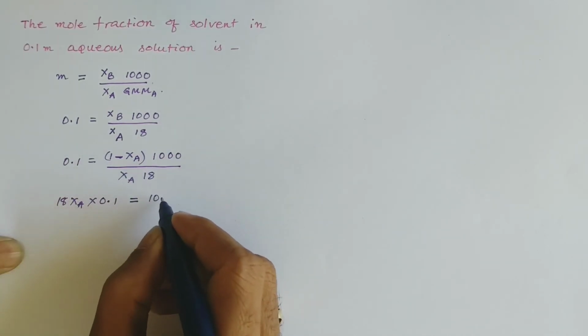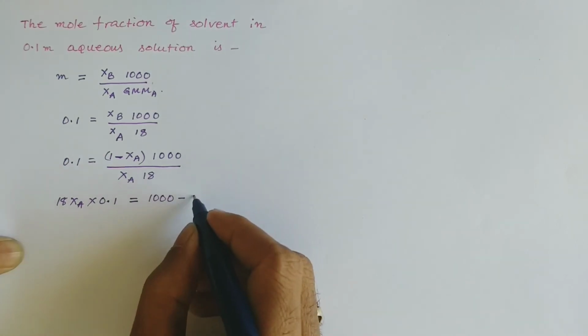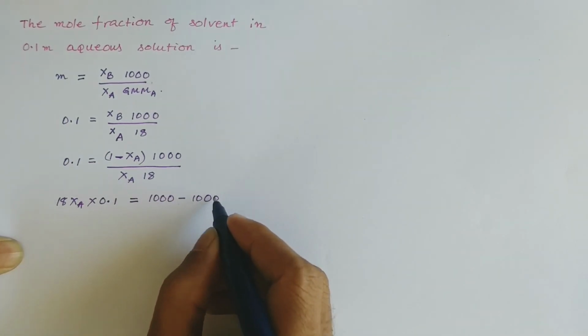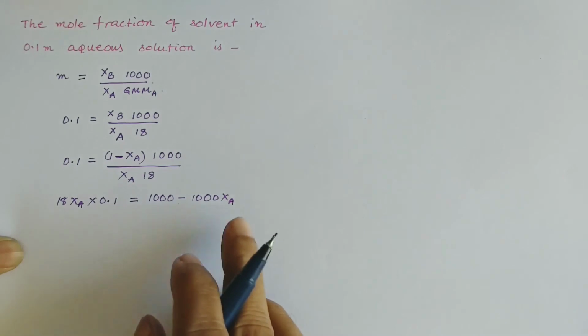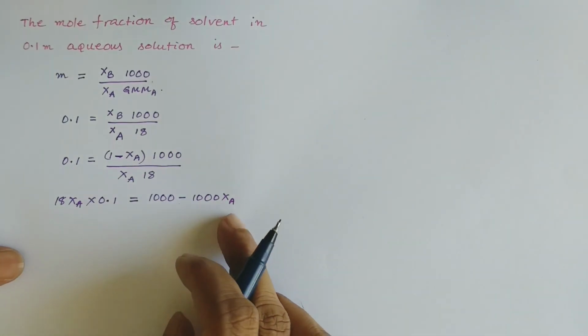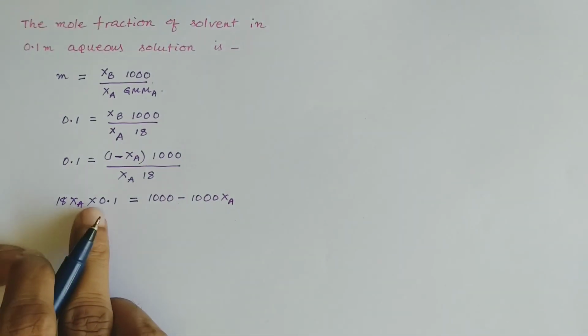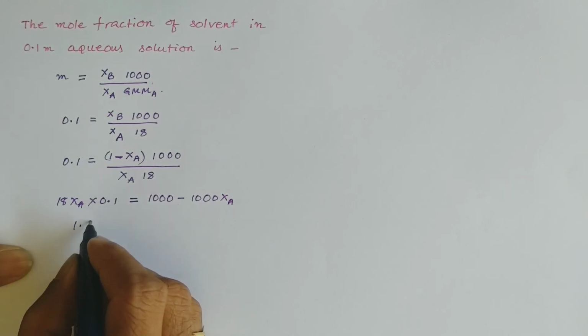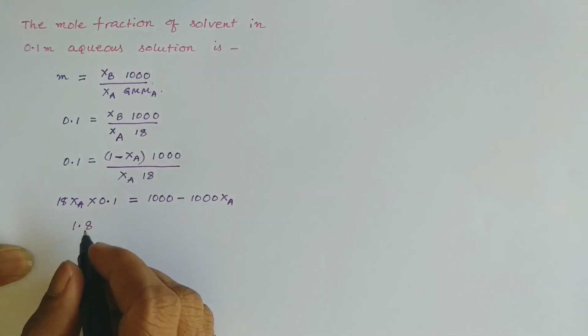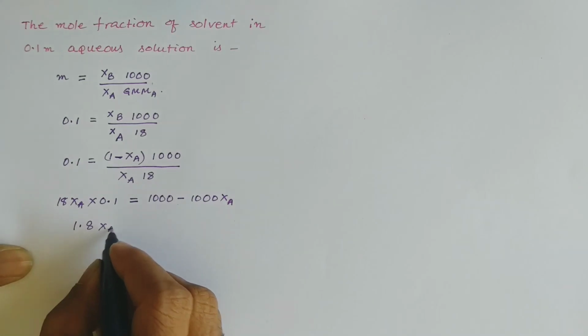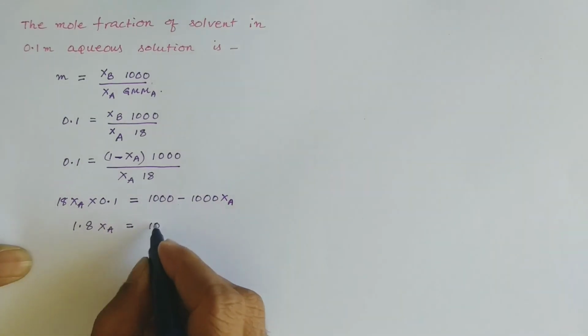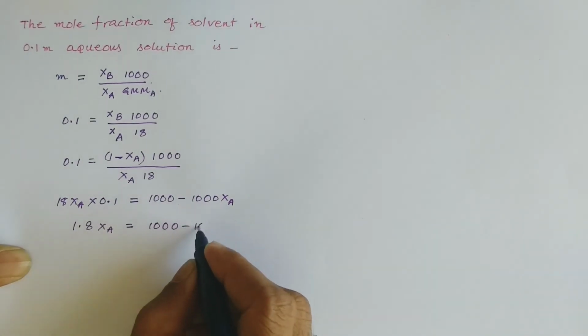Okay, so that will be equal to 1000 minus 1000 xa, right? So this is equal to 1.8 xa is equal to 1000 minus 1000 xa.